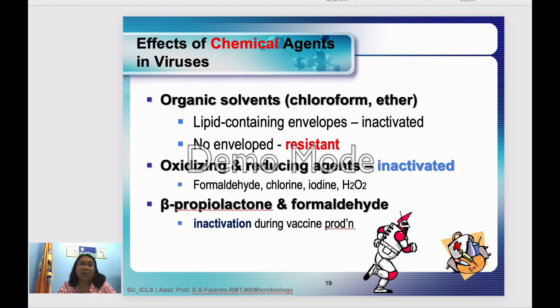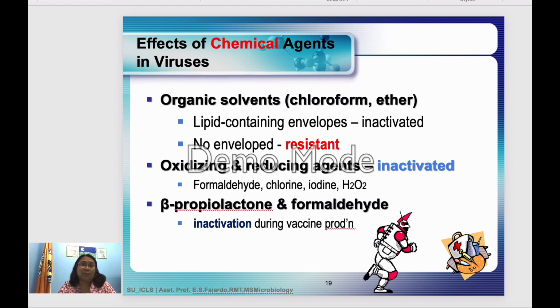Most viruses are inactivated. That's why if a patient died of HIV, for example, it is recommended that the body be embalmed using 40% formaldehyde or formalin. Okay.